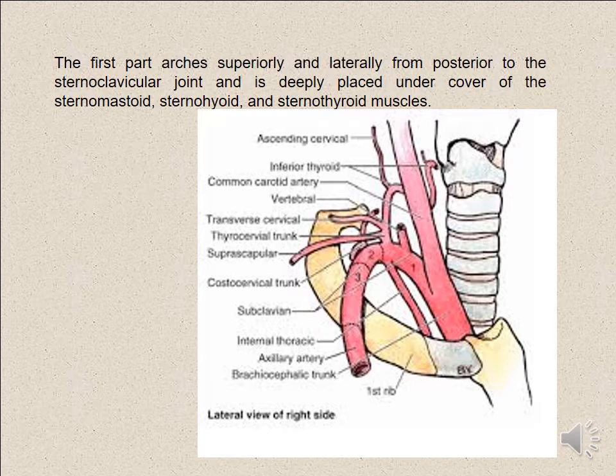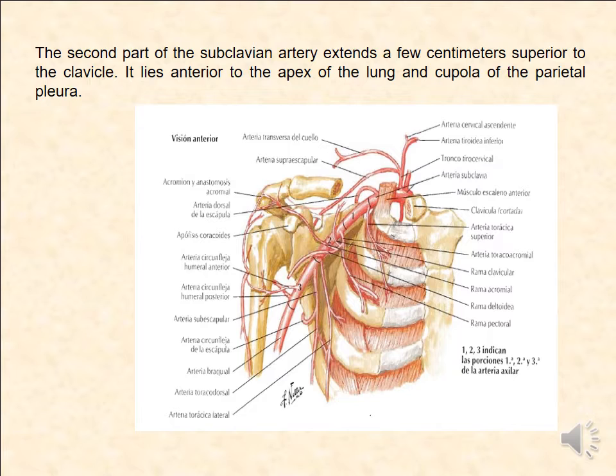The first part arches superiorly and laterally from posterior to sternoclavicular joint, is deep placed and covered by the sternomastoid, sternohyoid, and sternothyroid muscles. The second part of subclavian artery extends from a few centimeters superior to the clavicle.